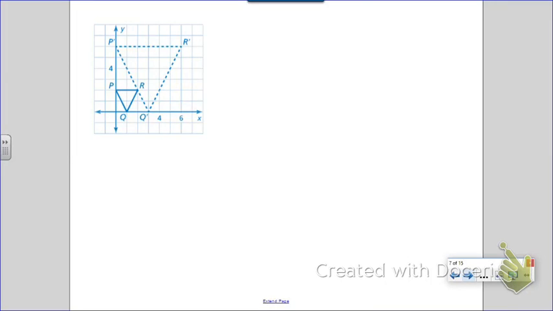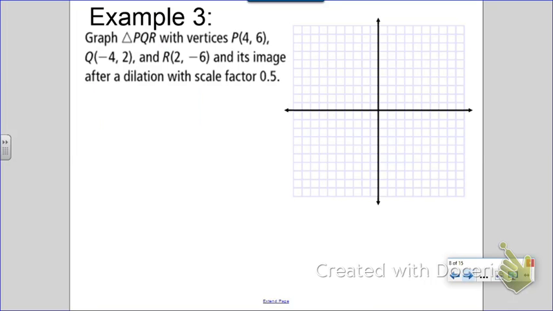So we have our points at 3, 0, 6, 6, and 0, 6. This time we have a scale factor of 1/2, so we're going to take 1/2 of each of the values for x and y.